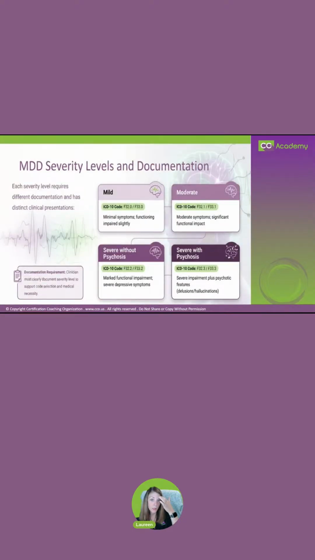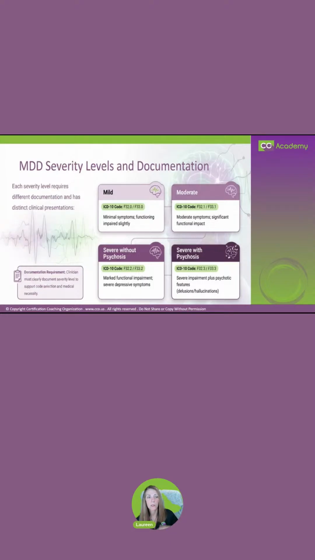Okay, so once we know what MDD is, the next question is, how severe is it? The doctor has stated that it's major depressive disorder. Now we need to know how severe it is to get the most specific code. This is where a lot of coders get tripped up, because you've got to have the right severity documented to pick the right code. So we've got mild, which is F32.0 or F33.0.